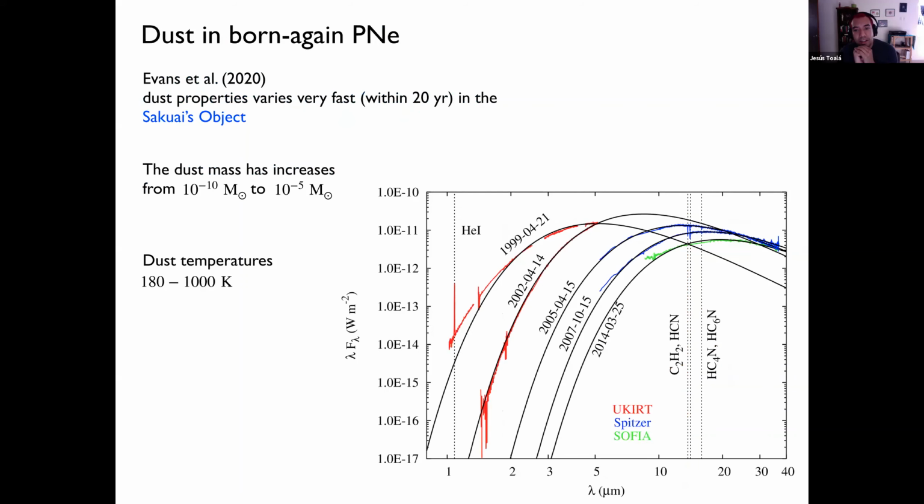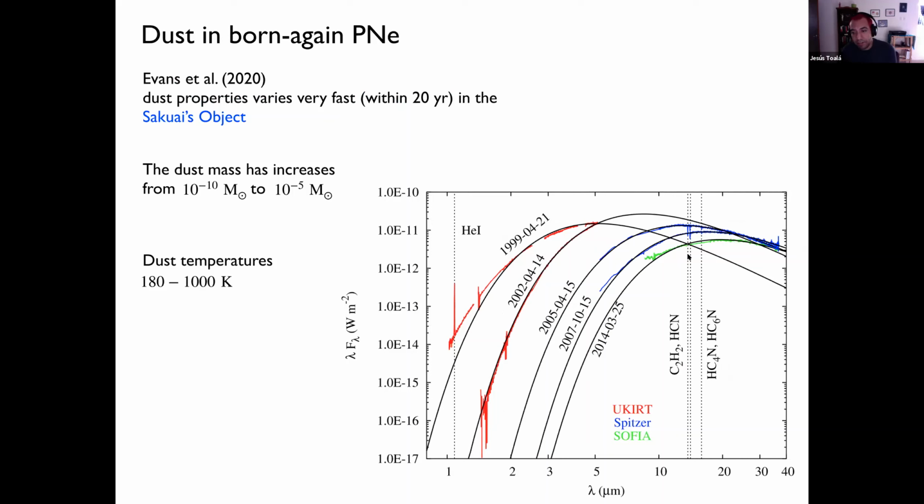For example, I am showing you here the evolution of the Sakurai object, which is one of the best known and most studied objects of this kind. It exploded around 20 years ago, and the changes experienced by this planetary nebula are dramatic. We can actually see them year by year. These are the spectra taken in the near infrared and then the mid-infrared.